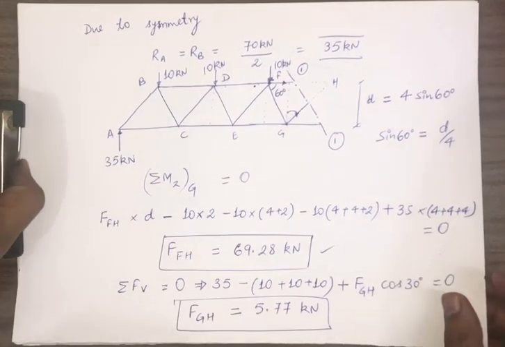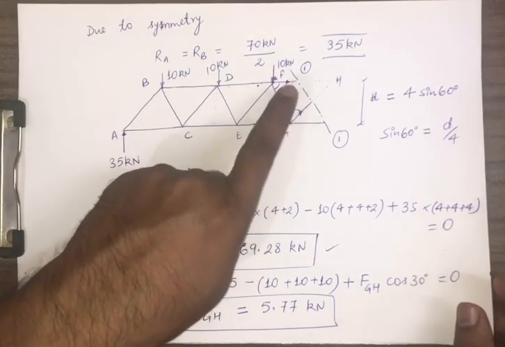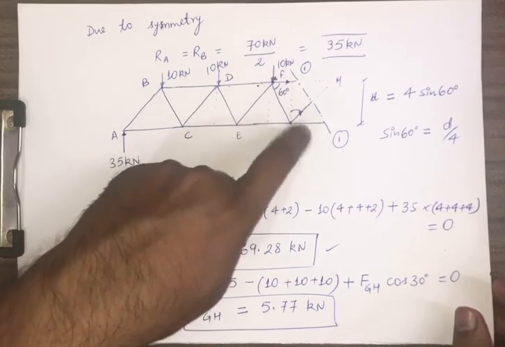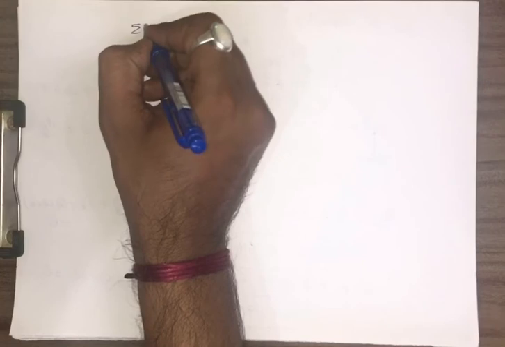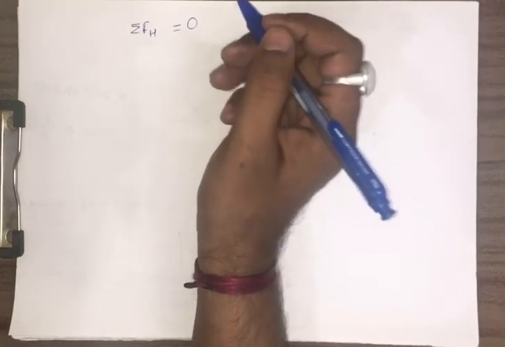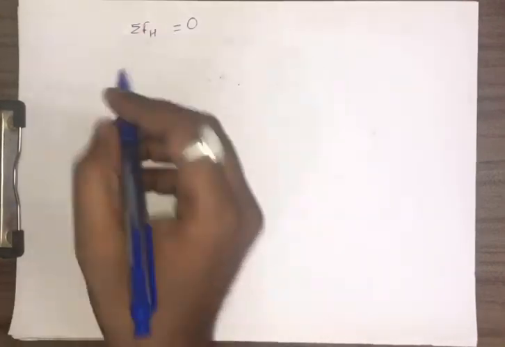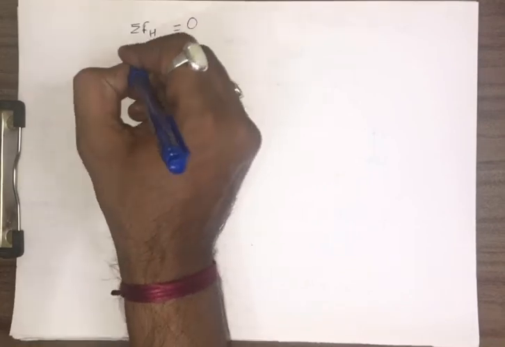Clear? So now out of 3 members we have calculated the force in 2 members, this member and this member, so only unknown force is this. So we are having only one independent equation. What is that? Forces in horizontal direction is equal to 0. All the external loads and support reactions are in the vertical direction, so only the horizontal components of the forces in the members are going to come into picture.